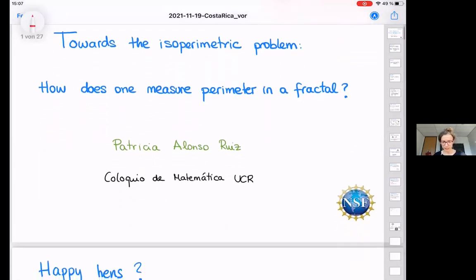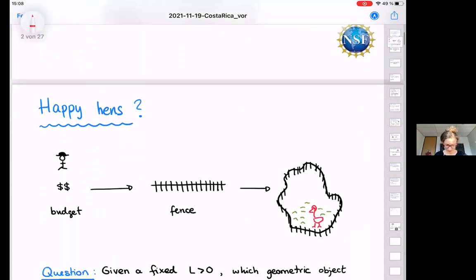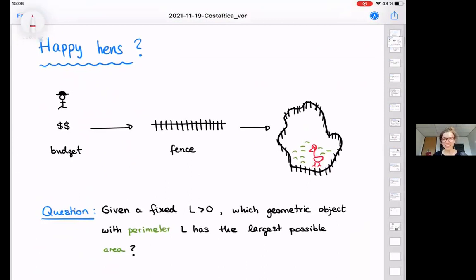If you read the abstract, this was what I was talking about. So let us put ourselves in a sort of real life problem. We imagine this farmer, and he or she has a budget and can buy some amount of fence.